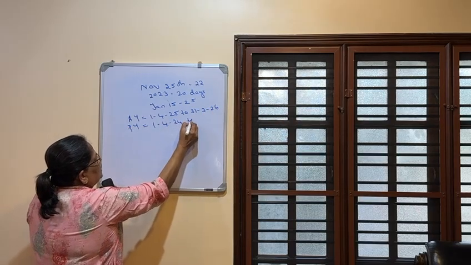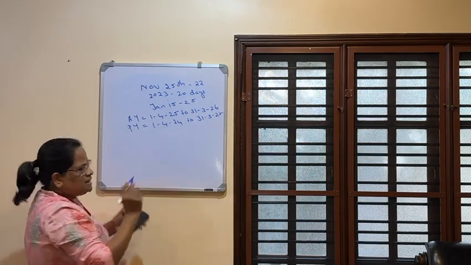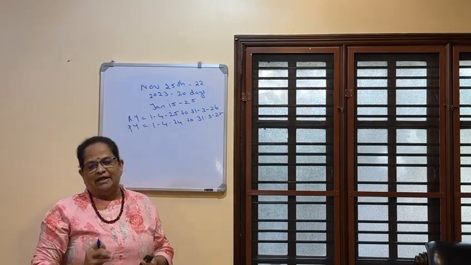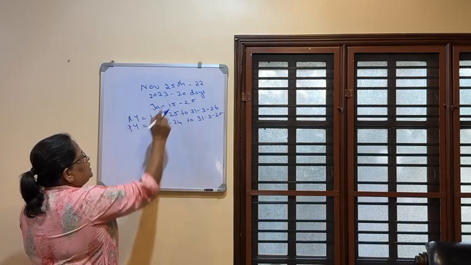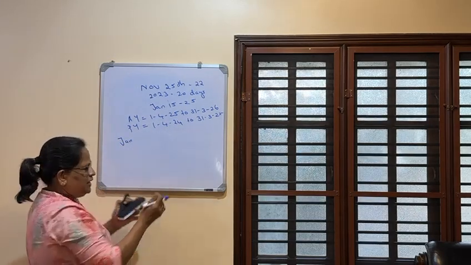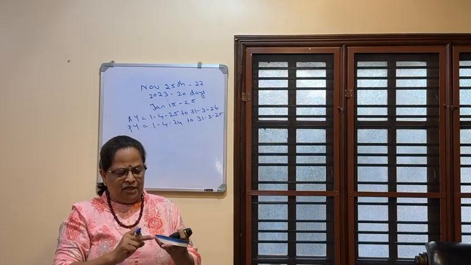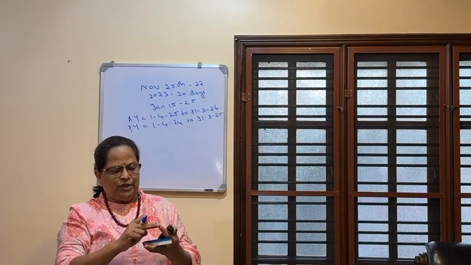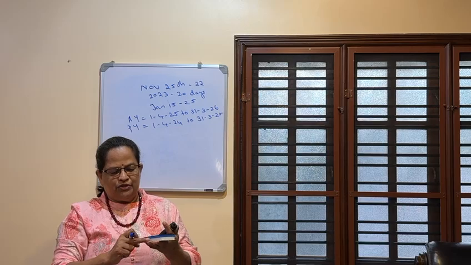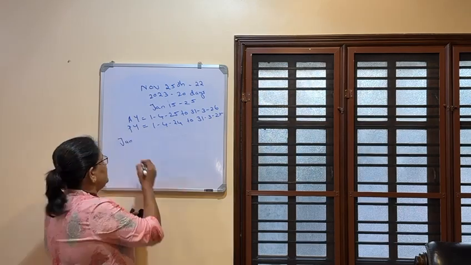Your previous year is 1/4/24 to 31/3/25. Now, in the concerned previous year, how many days did he live in India? He came to India on January 15, so the day of coming is counted: 15, 16, 17, up to 31, that is 17 days.